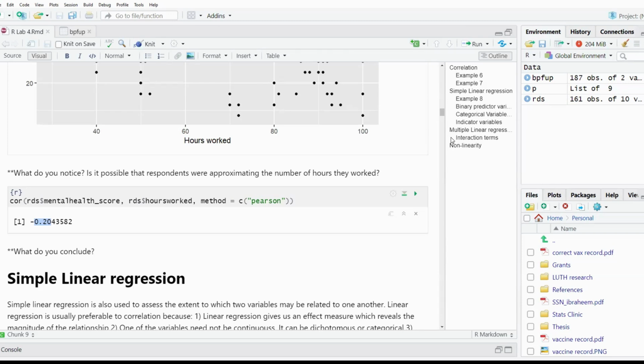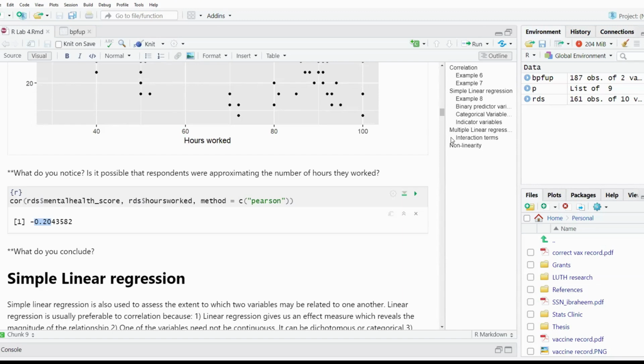Two is that if there's confounding, and we talked about confounding in the previous class, and you want to include multiple other variables to adjust for them, then the correlation cannot do that. You need a regression to do that, a simple linear regression. So these are two key reasons, but there are other reasons. But those are two key reasons that I wanted you to bear in mind.